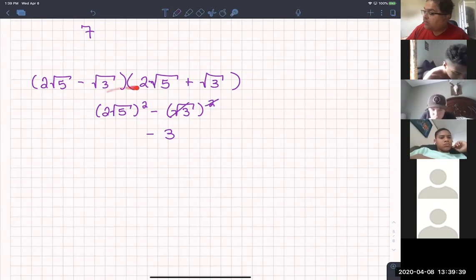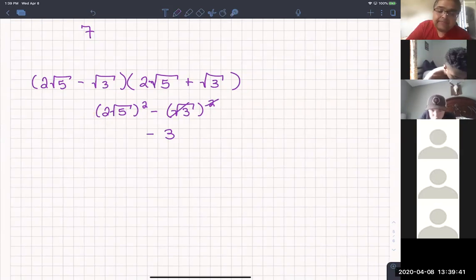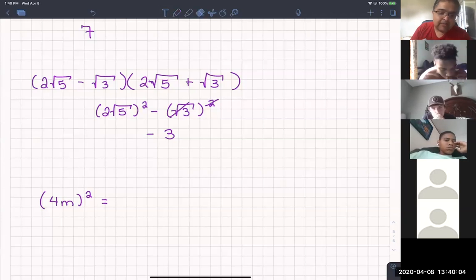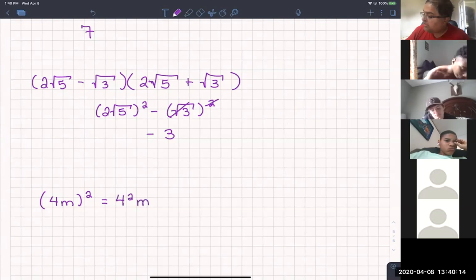So how do we square 2 root 5? Remember my properties of exponents? What do we do with, say, 4m squared? When you have multiple things being multiplied together and squared, you can give that exponent to everything being multiplied.